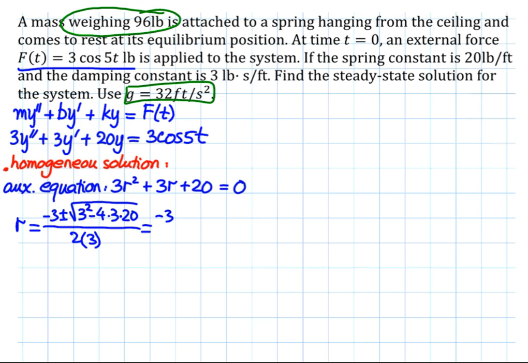So negative 3 plus or minus the square root of 9 minus 240, which is negative 231, over 6. All right, let's split it up into the real part and imaginary part.